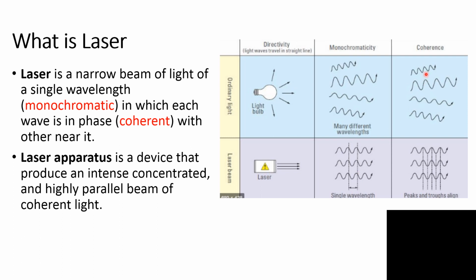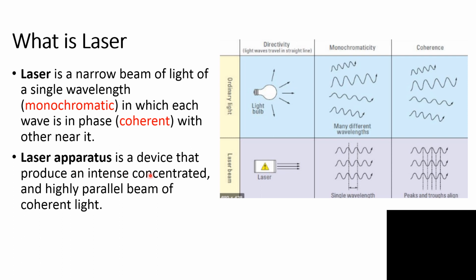And what is coherence? Coherence means when these lights come out, all have the same phase. And you can see in ordinary bulbs, all the lights have different phase, but in case of lasers, all the lights are in the same phase. Next is laser apparatus.